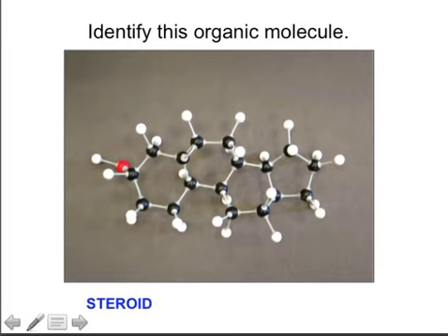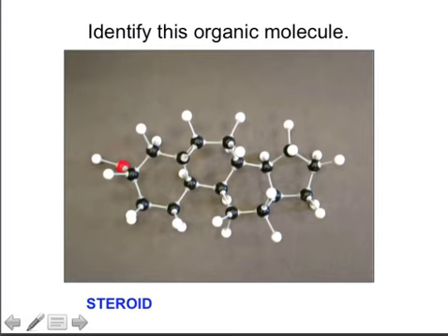So again, lipids like to associate with other lipids, and that's why you tend to see the steroid molecule generally embedded in things like triglycerides, cell membranes, or fat in the digestive system. Okay, so important molecule here.